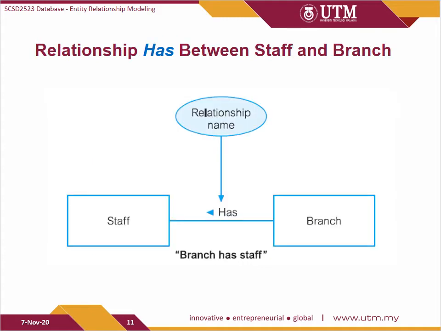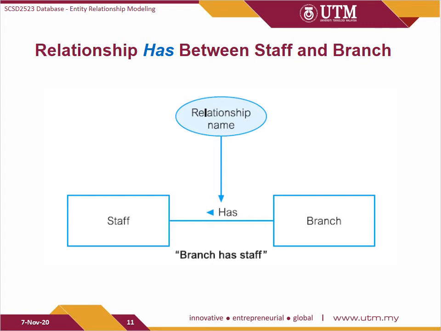And this is a diagrammatic view of the relationship. Each relationship type is shown as a line connecting the associated entity types. And each relationship must have a name. Normally, a relationship is named using a verb or a short phrase including a verb. A relationship is only labeled in one direction.